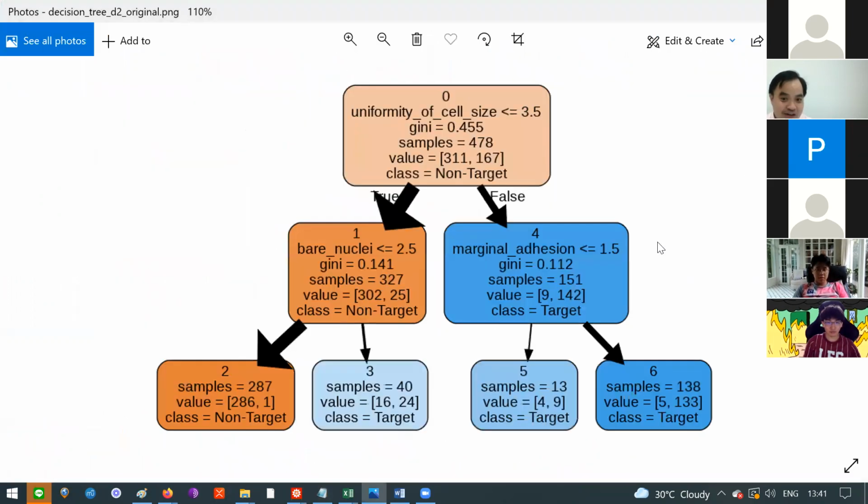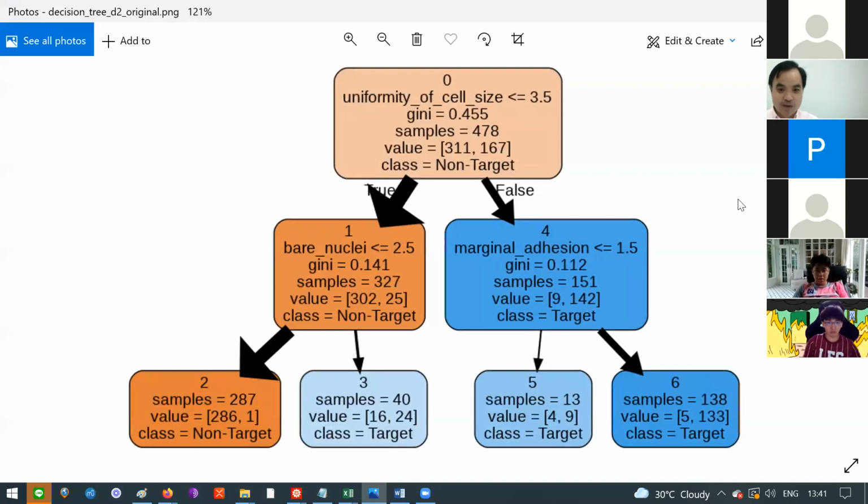In fact, this picture that your TA and I use for the paper is drawn using Python's scikit-learn library, because it's actually prettier and more ubiquitous.